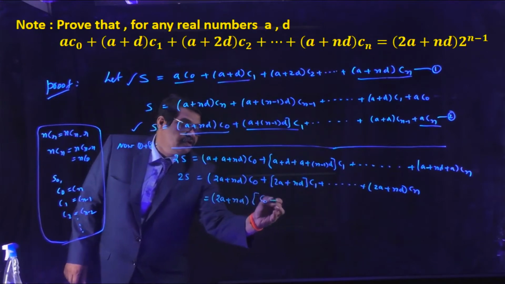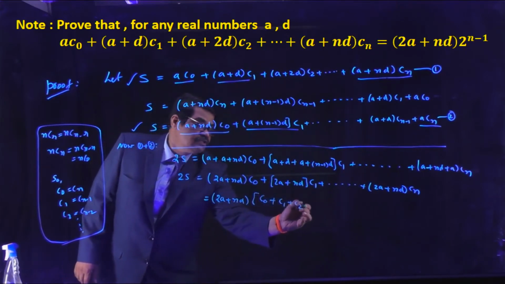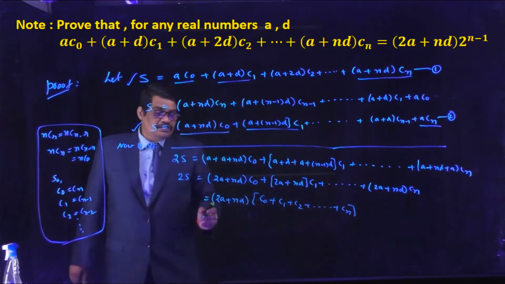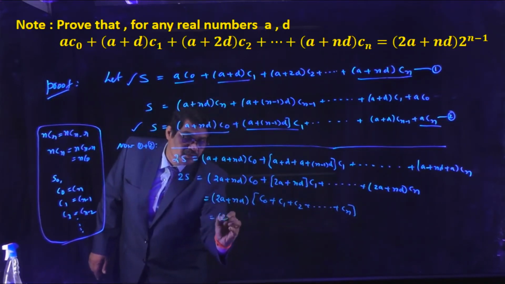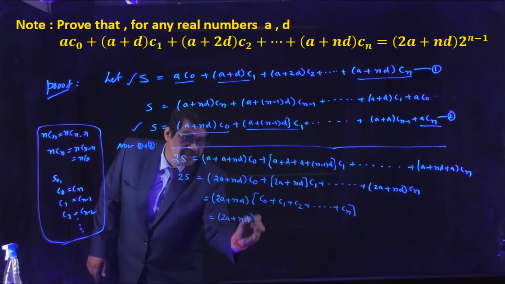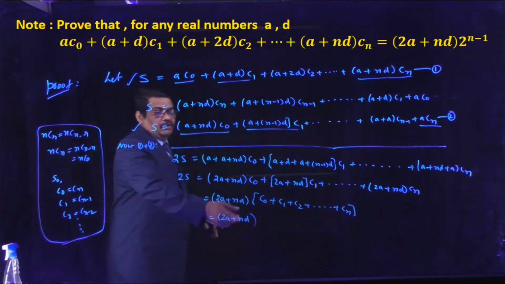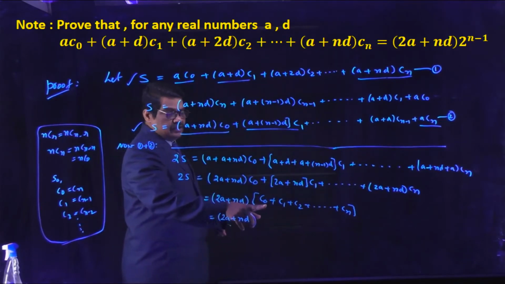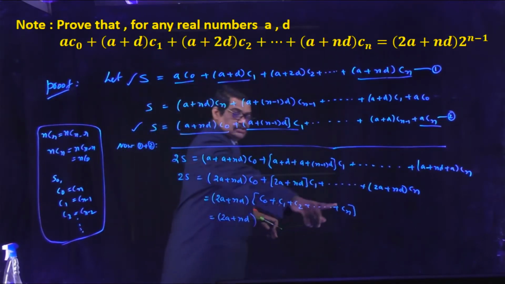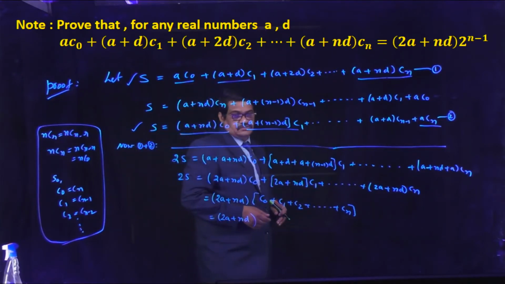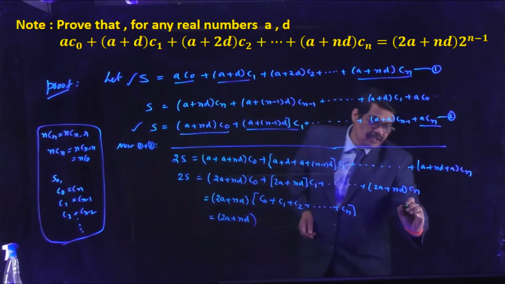Then we get C naught plus C1 plus C2 and so on Cn. That is equal to 2A plus nd times, we know the formula we derived in the last class, C naught plus C1 plus C2 and so on Cn, that is the sum of binomial coefficients.